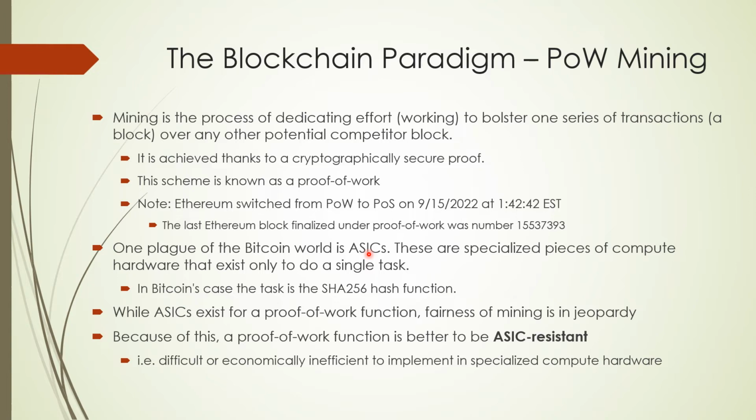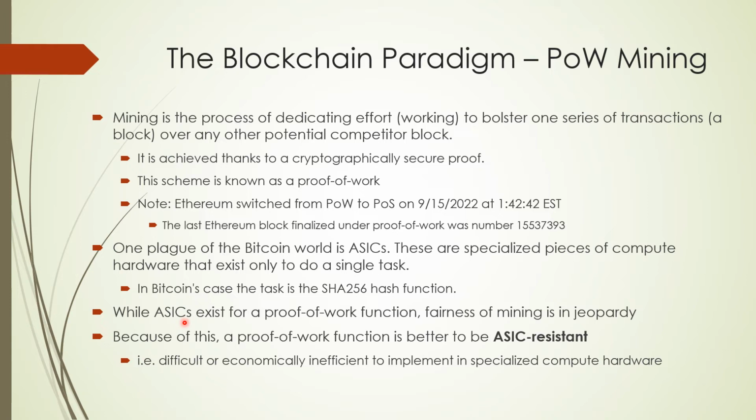For Bitcoin, to calculate the SHA-256 hash function. So while ASICs exist for a proof of work function, like the proof of work of Bitcoin, the fairness of mining is in jeopardy. Why? Because not all miners have access to ASICs, and maybe someone can make a lot of profit because of the existence of ASICs, and because they have access to a lot of ASICs.